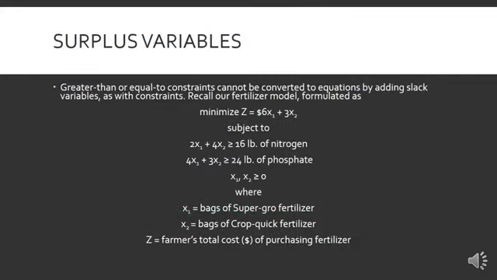This time, kung sa maximization model, merong tinatawag na slack variables. Dito naman sa minimization model, meron tayong tinatawag na surplus variables. Okay? Greater than or equal to constraints cannot be converted to equations by adding slack variables as with constraints.